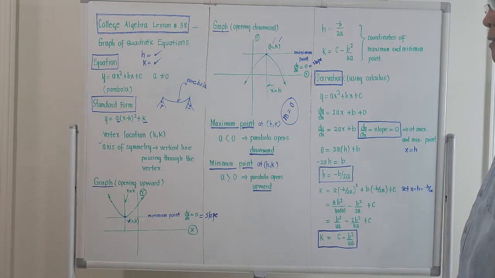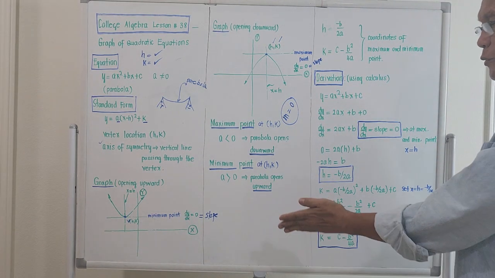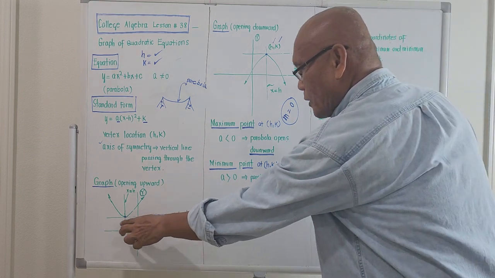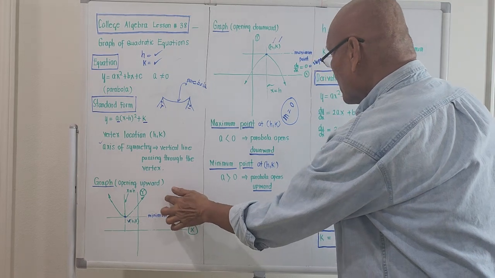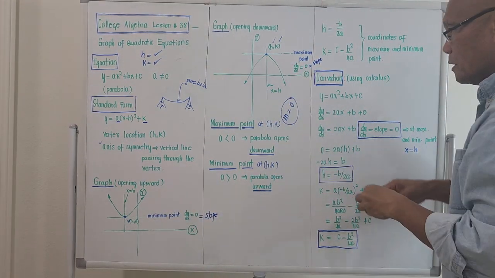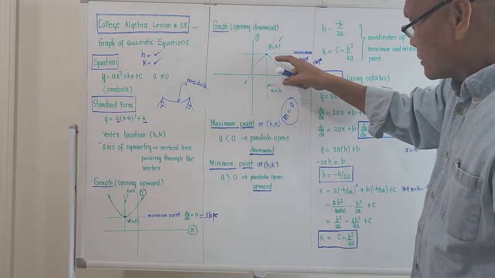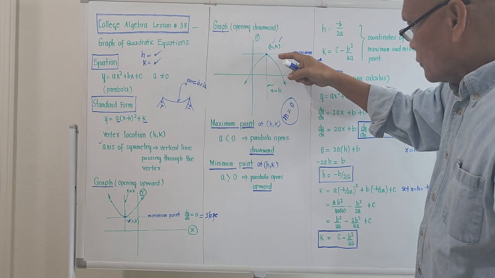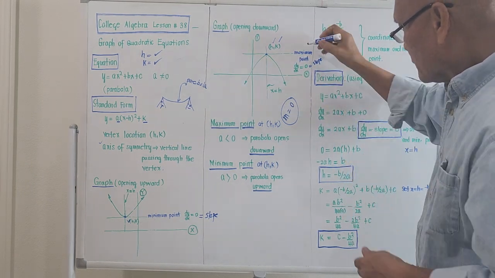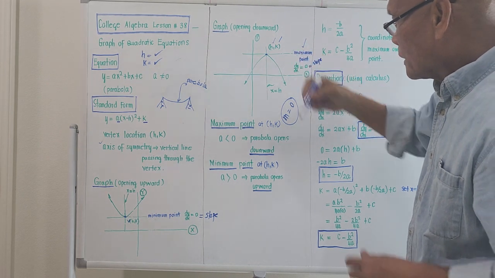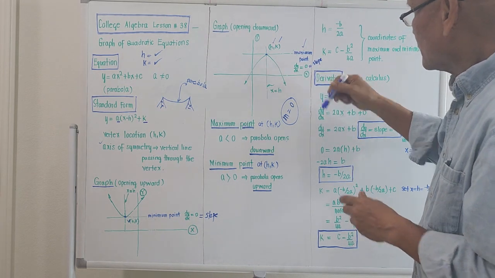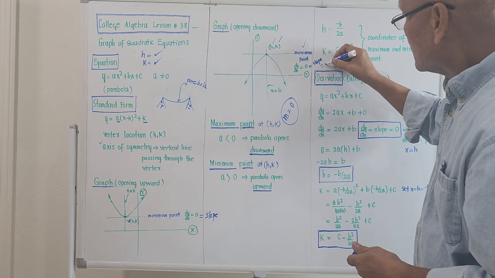As you can see, we draw a horizontal line at the vertex. We term this the minimum point, and also for the maximum point, if we draw a horizontal line passing through the vertex, we call this the maximum point, because at this point the angle of inclination of the tangent line is equal to 0.